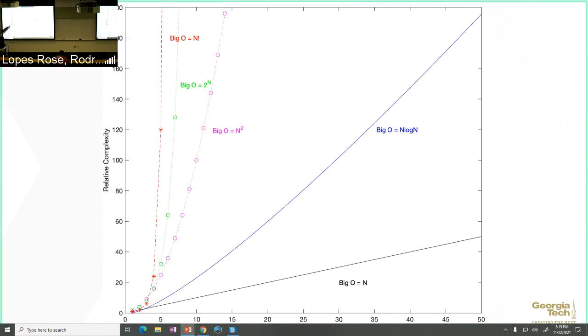N squared, 2 to the n, factorial. So notice if you can find an algorithm that is O of n to replace an algorithm that you had earlier that was O of n factorial, you've just saved yourself orders of magnitude in terms of time for running this algorithm and solving this problem. So I really want to be looking at algorithms that grow like that versus ones that grow like that.